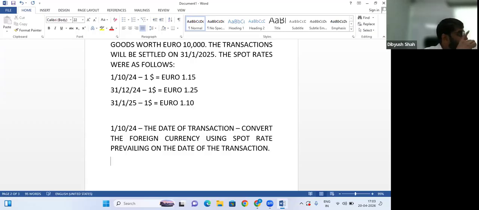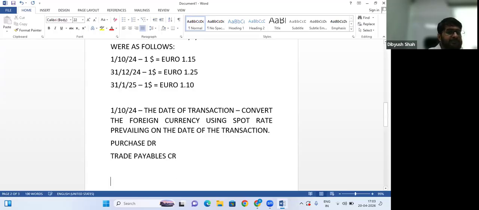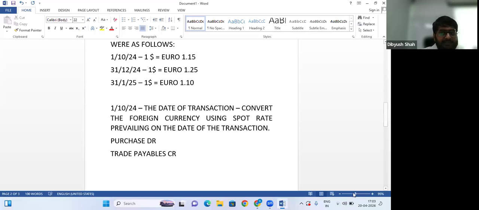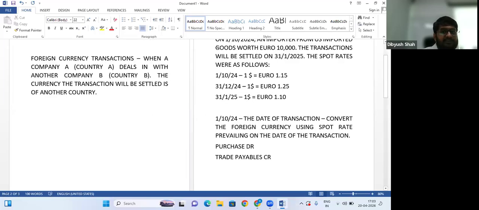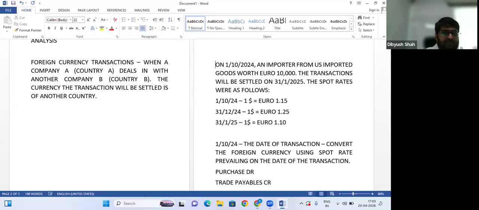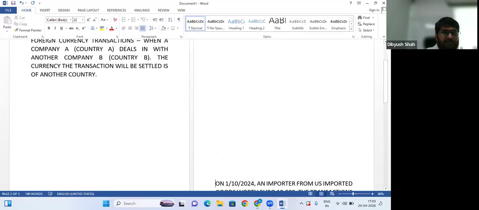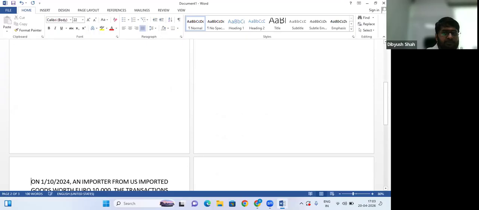So on this date, this importer, assuming it is a normal purchase, will have to pass a normal journal entry through the books. Purchase debit, trade payables credit. Now the thing is, the invoice is in euros, so those euros have to be converted into dollars.